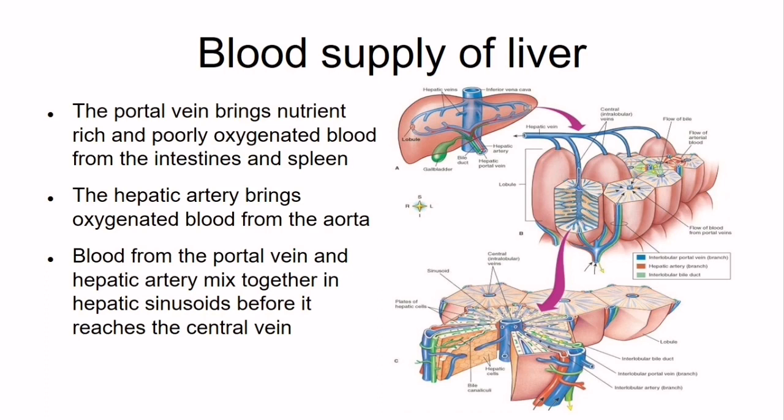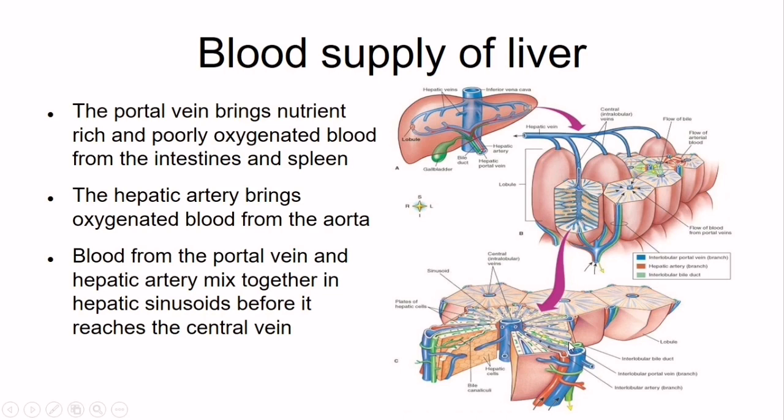So as you can see here, this is the functional unit of the liver. We'll define it in the next slide, but as you can see, it's a hexagonal structure. And at the periphery here, we will find mainly three structures: the hepatic arteriole, the portal venule, and the bile duct.